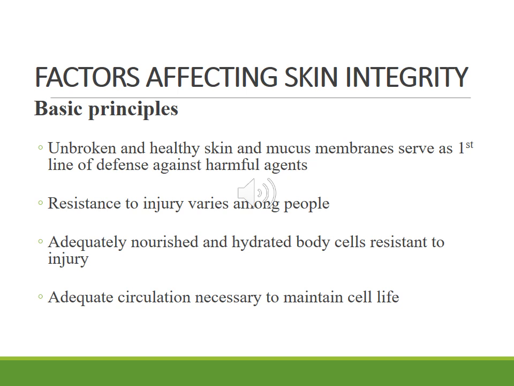Adequately nourished and hydrated body cells are more resistant to injury. And then adequate circulation is also necessary to maintain cell life. If we don't have that adequate circulation, our skin becomes impaired. So, all of these are just basic principles when we think about factors that are going to affect our skin integrity.